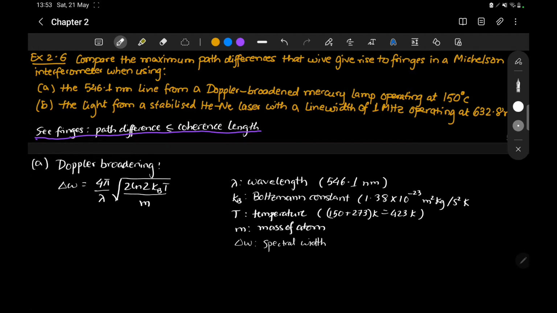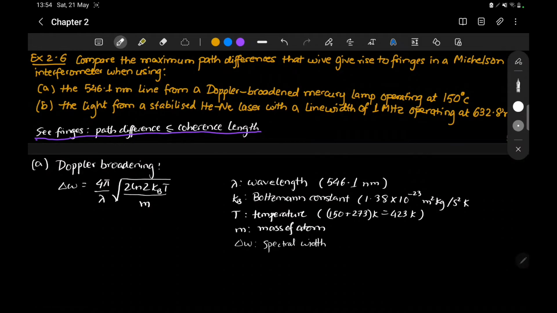Mass of the atom, we are using mercury lamp, so we want to find the mass of one mercury atom. So mass is 200.59 grams per mole. So 1 mole of mercury atoms would weigh 200.59 grams. Now in 1 mole we have N_A, that is the Avogadro number of atoms, which is 6.022 times 10 to the power 23.